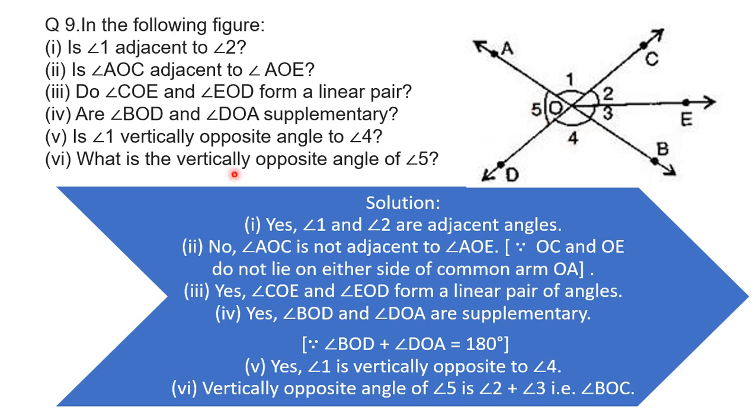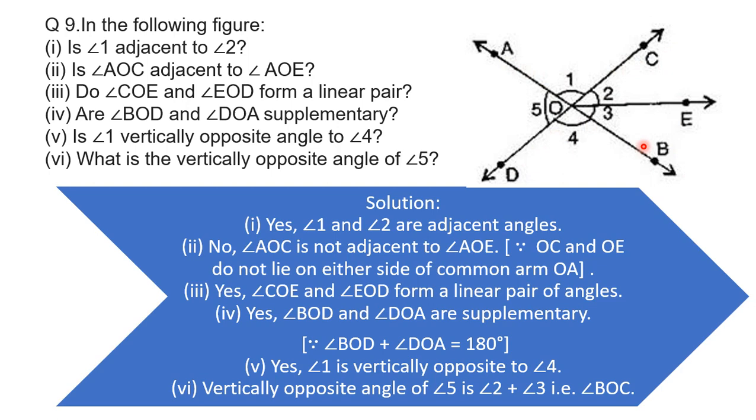Okay. Now fifth, is angle 1 the vertically opposite angle to angle 4? Now see, angle 1 is here and angle 4 is here. Again, you only have to imagine the line AB and line COD.